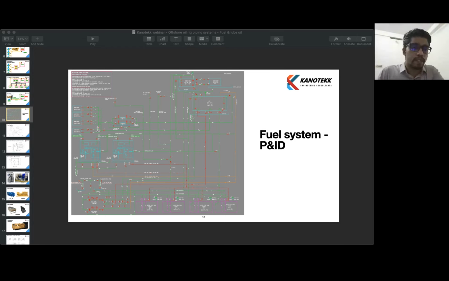There is a question asking whether the quick closing valve is manual or pneumatic. The quick closing valve can be pneumatic or hydraulic operated. So it has to be operated manually, like the closing lever mechanism for the quick closing valve will be kept outside the machinery space, like the main generator room, or it will generally be placed on the main deck outside the entrance to the machinery generator rooms.